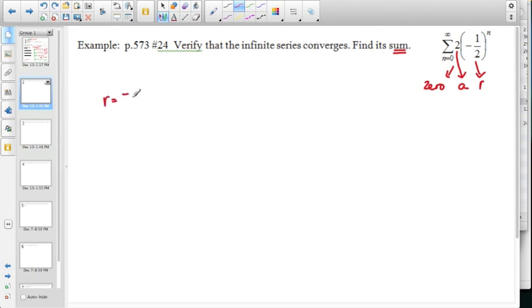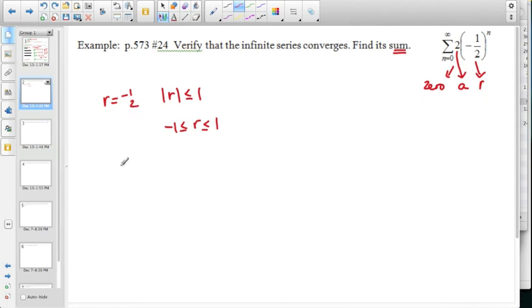So we know that r equals minus 1/2, and we know that the criteria is the absolute value of r being less than 1. So what that means is that r must be trapped between -1 and 1, and it is.